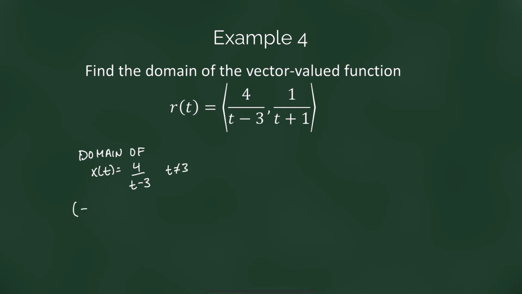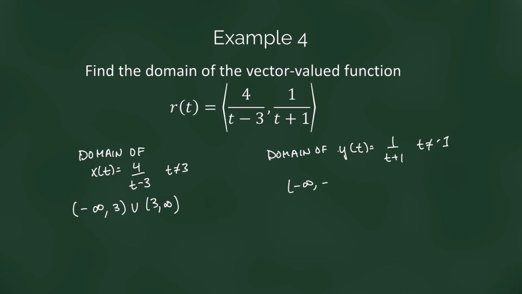So in other words, the domain of this is everything except 3, which we write as negative infinity up to 3, and then 3 to infinity. The domain of y of t is 1 over t plus 1. Here we see that t cannot be negative 1, so we write that as negative infinity to negative 1, union negative 1 to infinity. So now we're looking for the intersection of those two, where they overlap.